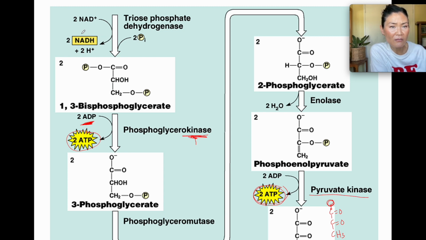NADH is made here, okay? NAD, remember, is an electron carrier. It's going to be reduced, meaning it's going to gain electrons. And when it gains electrons, it becomes NADH. Okay? And remember what NAD and FAD do? They take the electrons, they're the Uber drivers.